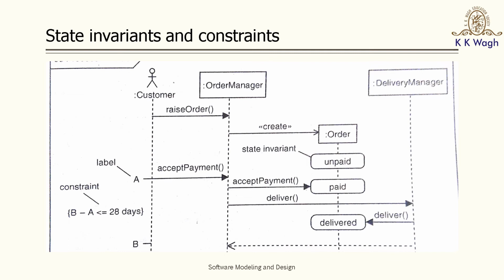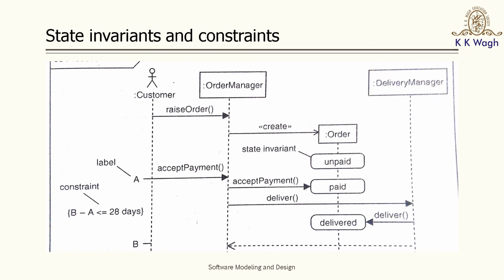Now there is a third constraint here. There are two labels, A and B, on the customer side. This says that the distance in time between the points A and B must be less than or equal to 28 days. Point A marks the point at which the payment is made, and point B marks the point at which the products are delivered to the customer.